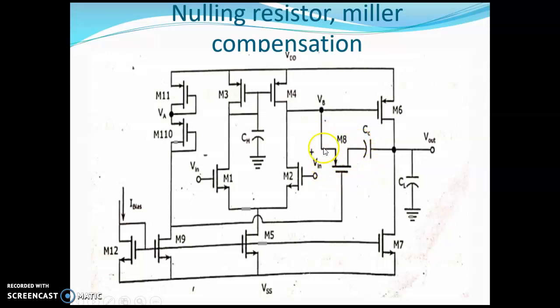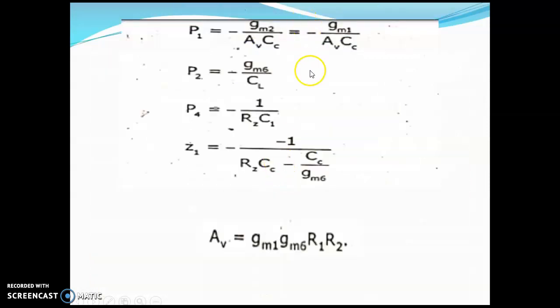So due to the addition of this resistor, you can see the resulting poles and zeros by adding a resistor in the circuit, which is nothing but the transistor M8 acting as a resistor. So these are the poles and zero values for that nulling circuit.